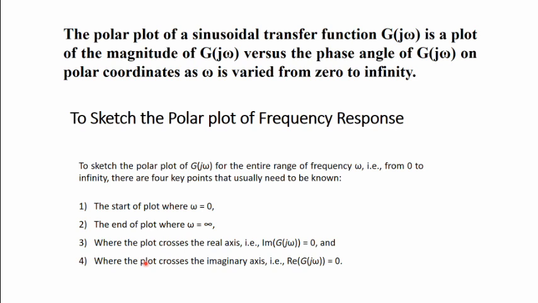When it cuts the real axis, the imaginary part of G(jω) is equal to 0, and the polar plot will cut the imaginary axis when the real part of G(jω) is equal to 0, and these points we need to find, and this is to be done by rationalizing the transfer function, or there are some other methods as well. So we are going to see one of the methods in the forthcoming video.